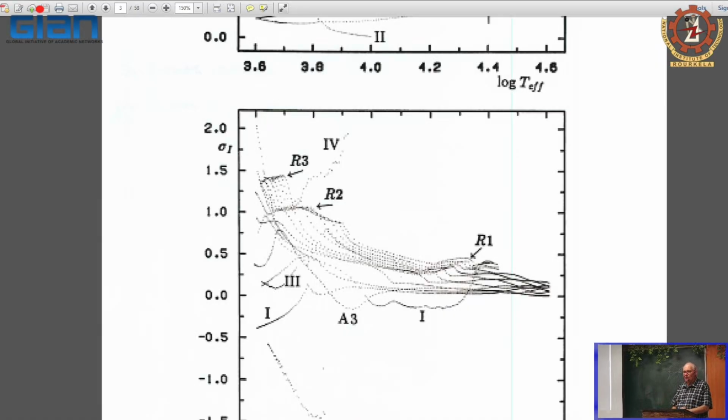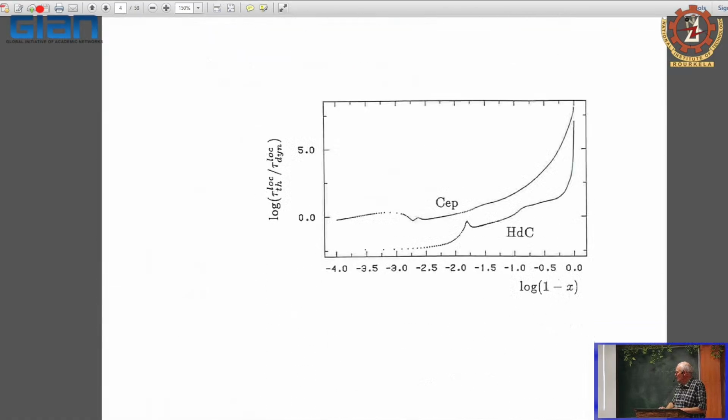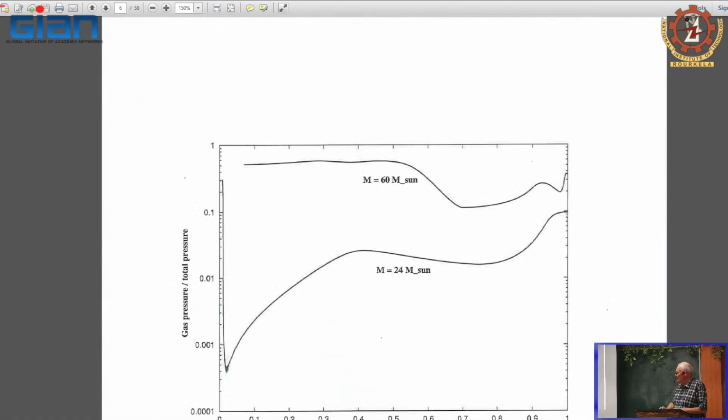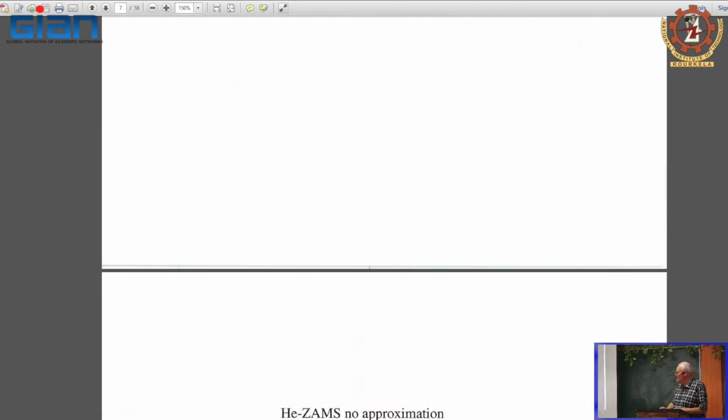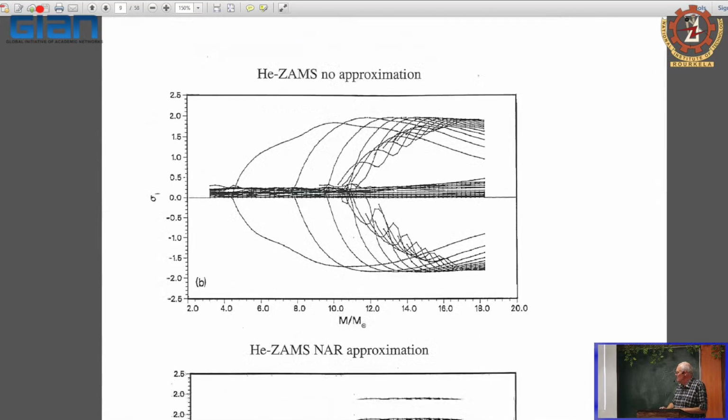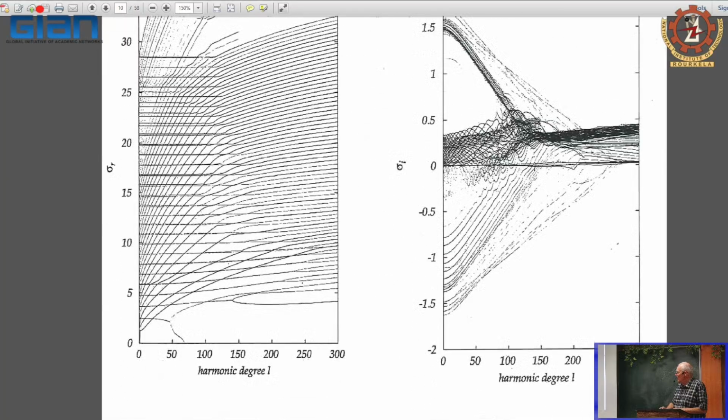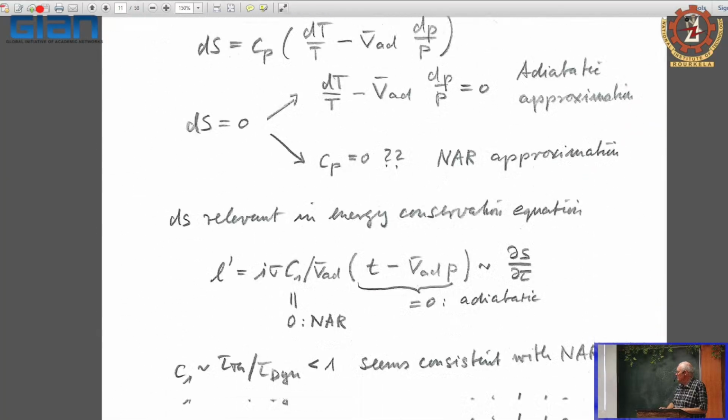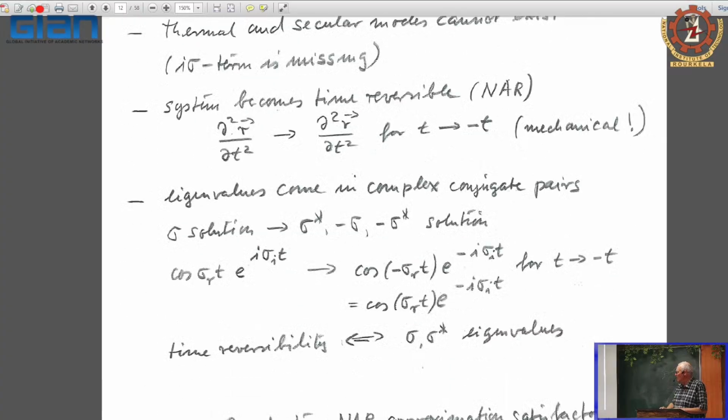So the NAR approximation at least provides some approximation also to the unstable mode. And of course, we are mainly interested in the unstable modes and possibly in the instability mechanism which is behind these modes. Also in the case of the hydrogen deficient carbon stars, this approximation seems to provide an approximation which is even quantitatively not too bad.